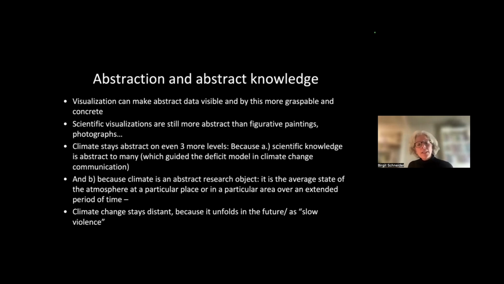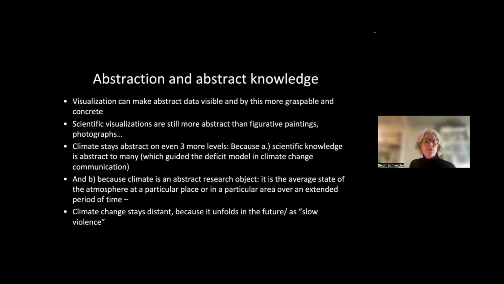And then climate stays abstract on even three more levels. A, scientific knowledge is abstract to many, which guided the deficit model in climate change communication. It's about teaching people how to know more about climate change and what you need to know about tipping points and so on.